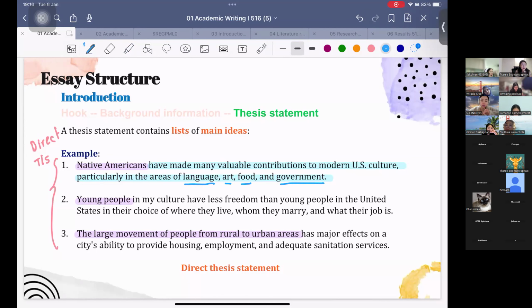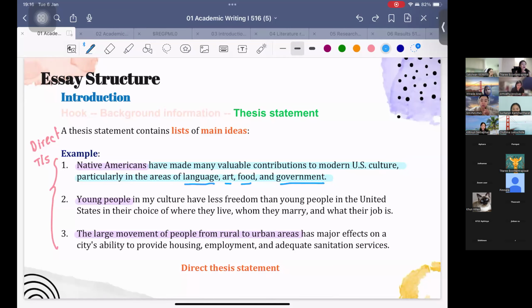The difference you see is that the indirect thesis statement is just Native Americans made contributions to U.S. culture, and that's all. However, a direct one needs to specify the details, the main ideas, what you're going to talk about.